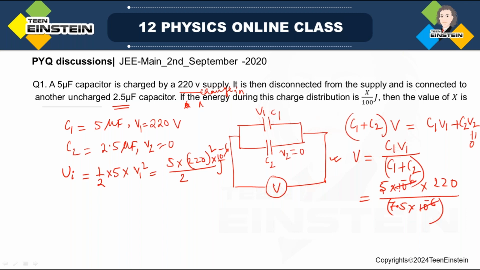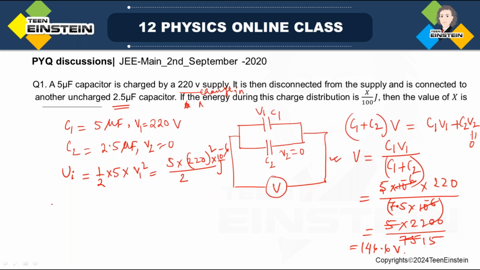So this goes up, and it will be 5 into 220 divided by 7.5. This will actually give you nearly 146.6. So this is what you get as common potential.